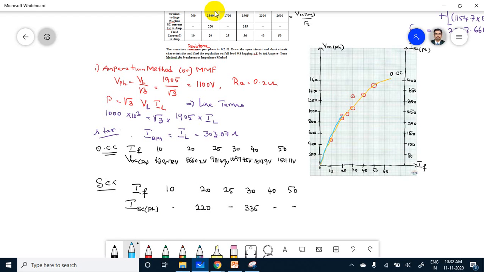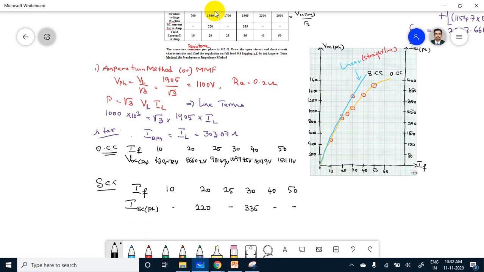The line should be straight and linear, a straight line from 0. This line will be the short circuit curve.